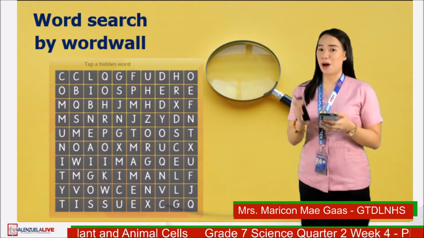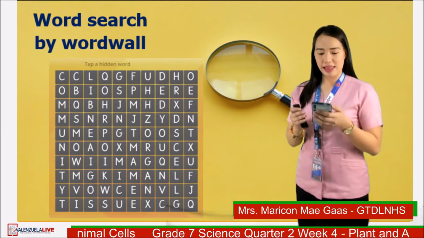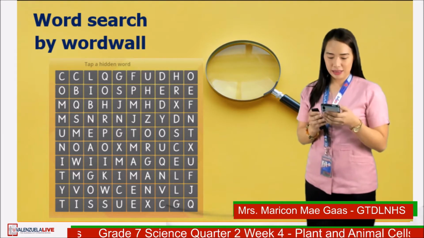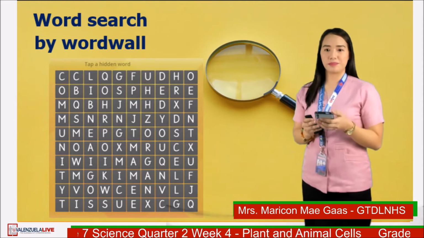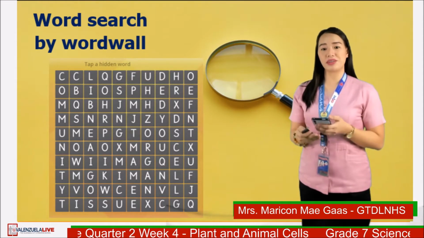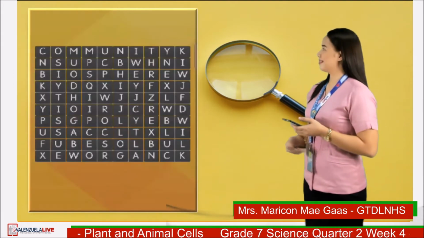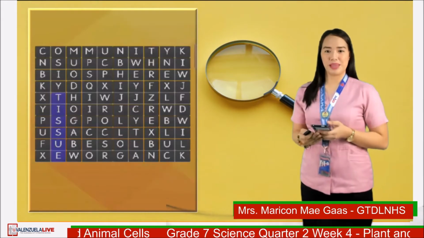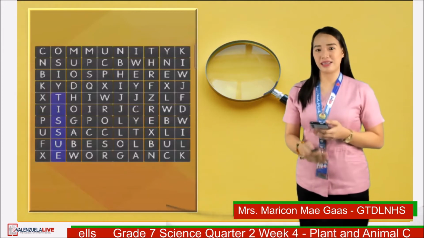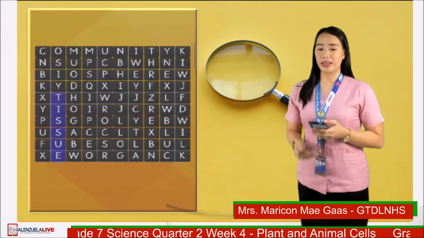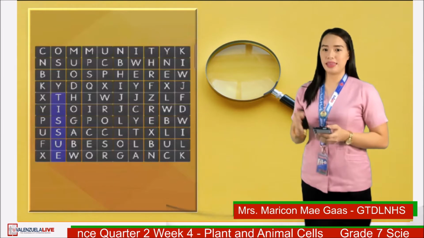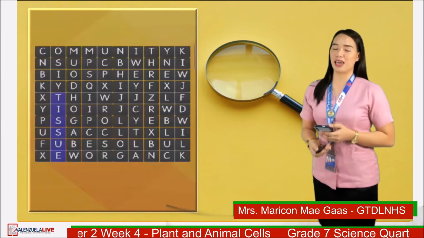And someone entered her answer and she said that the first word is tissue. Let's see if there's a word tissue in our word search. Yes, you got it right. The first word is tissue. Now, let us find the second word.